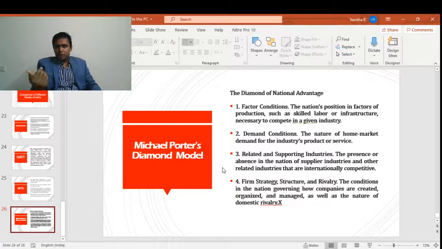That can be labor, natural resources, infrastructure or capital. Maybe your government is developed and they have put a lot of money allotted in the budget for you to make innovations. So here he's talking about after making all these products and services, you should have the demand in your market.